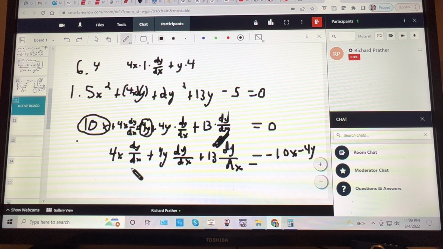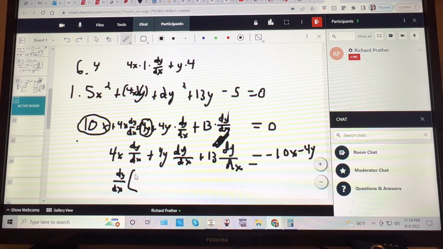And then it's like you're going to do a GCF, but you don't really do a full GCF. You're just going to pull out dy over dx, even if there's more that you could pull out. But they all have that in common. There's not even a GCF otherwise, but if this had been 4x, 4y, and 12, you wouldn't want to pull a 4 out. You don't do the full GCF, just the dy over dx.